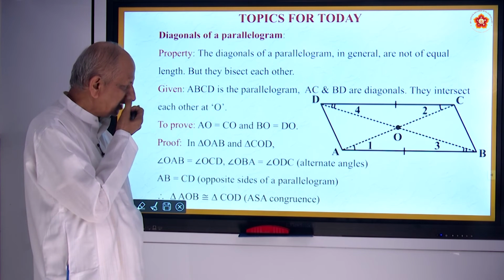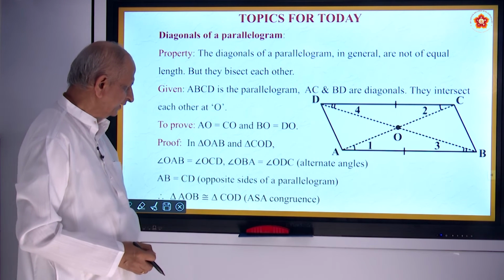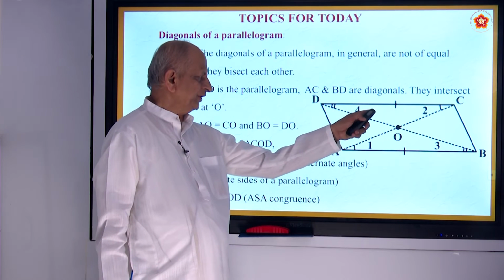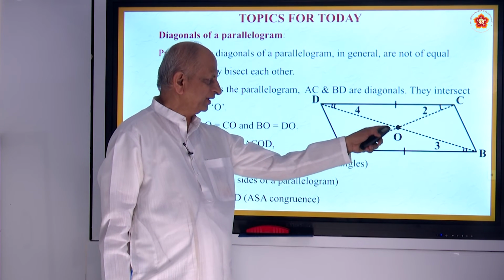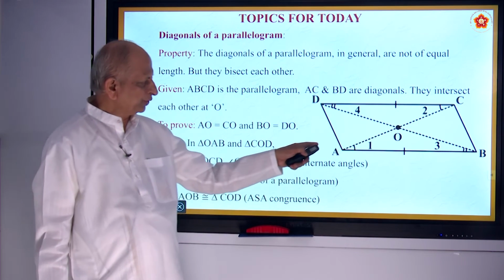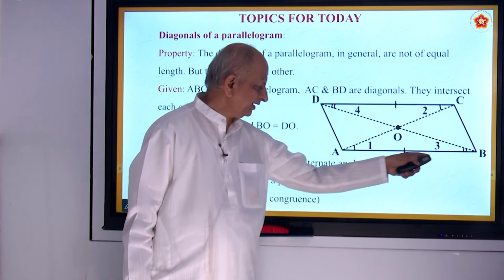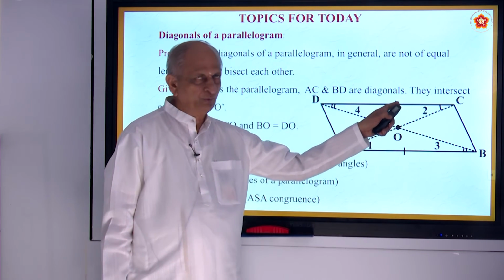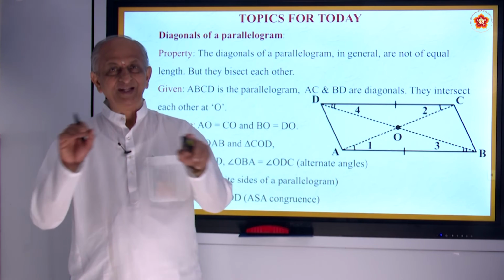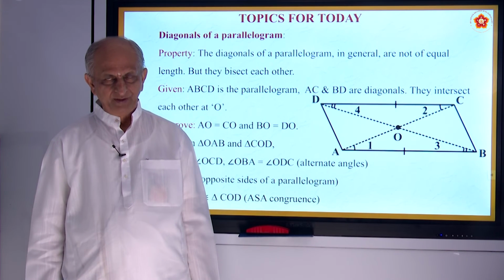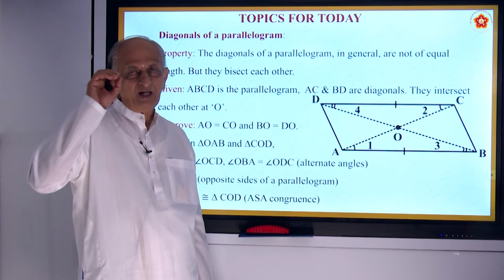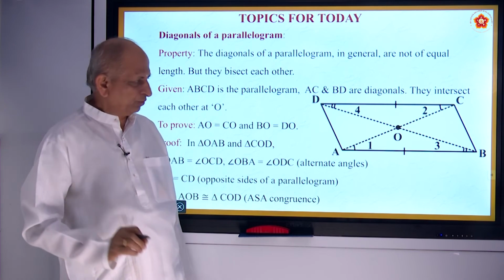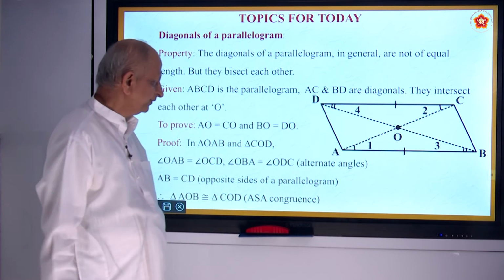So by ASA congruency, what does it mean? These two triangles are congruent, which means you can cut this triangle OAB and keep it on COD. They will be identically equal. It means all the remaining angles also, remaining sides also will be equal.